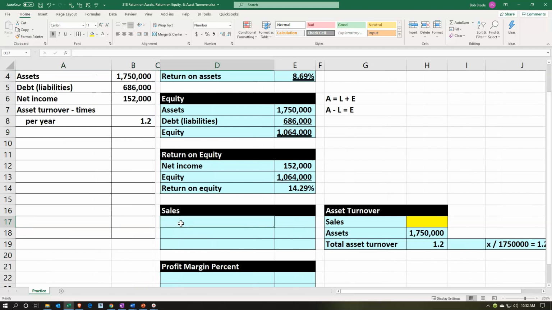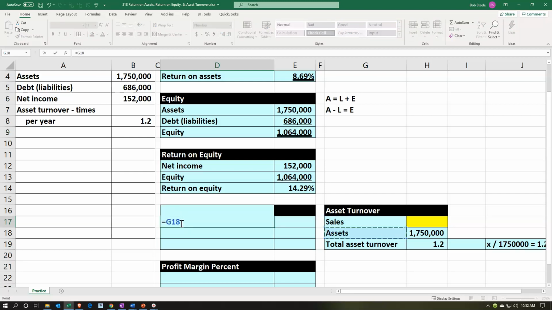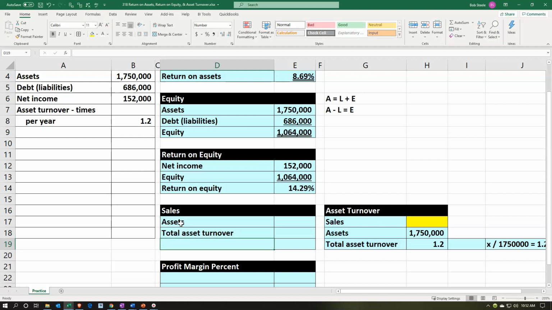If you were to break this out algebraically here, this is going to be the assets times the turnover. So the total assets is going to be this, and the total asset turnover is going to be equal to the 1.2.